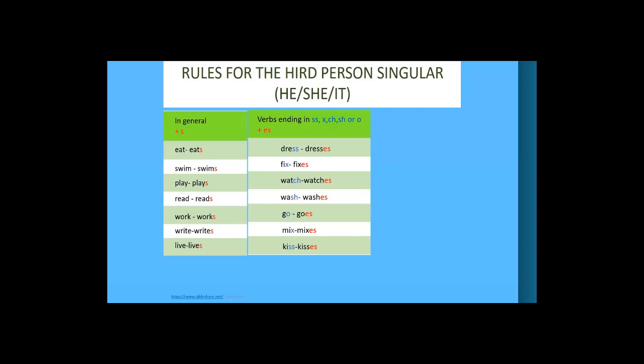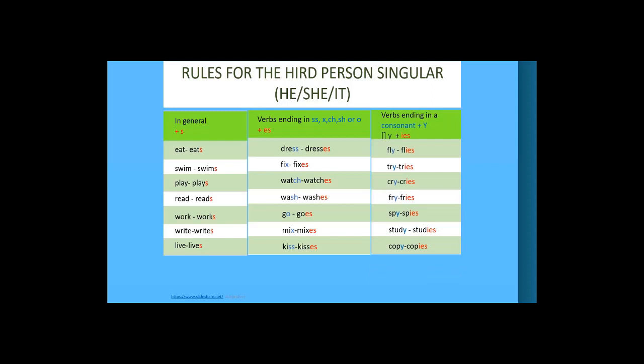They have different sounds, the way that we pronounce these. Okay, and the last rule is verbs ending in a consonant plus Y. Remember, we remove the Y and then we add the ES. Okay, and again you've got some examples there for you, and if you want to pause the video and have a look and maybe practice some of these, that'll be great.